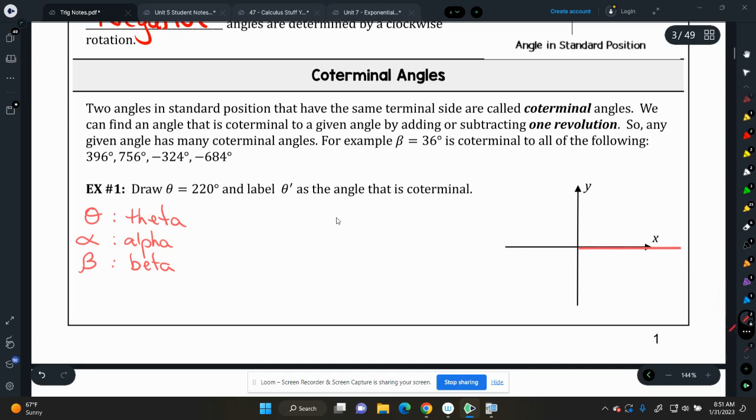Now, I want to rotate 220 degrees, so I'm going to go counterclockwise. Here's 90. Here's 180. How many more degrees do I have to go to get to 220? 180 plus 40. So halfway here would be 45. We're just going to estimate it. This looks like it's right about there.